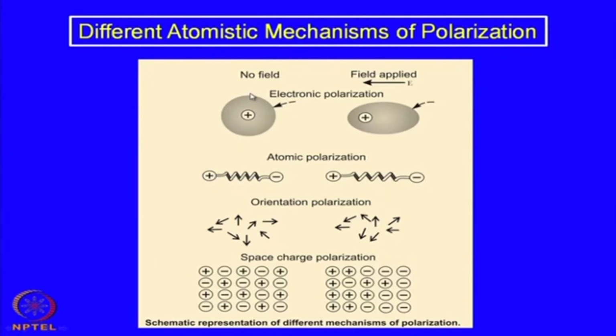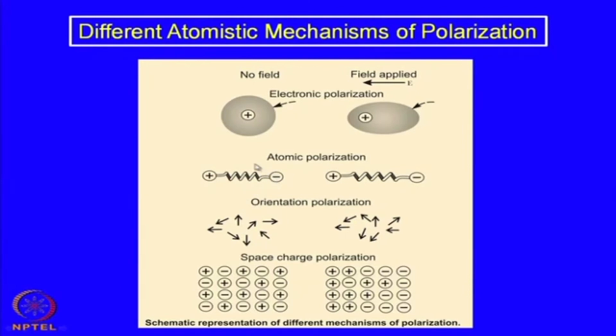Unlike here, where the distance of separation is 0, here there is a distance of separation, because one cation, for example, is located next to one anion, but there is a distance of separation or interatomic spacing. So, these are interatomic spacings, which are shown here, and the spring represents some kind of bond or binding force between the two.